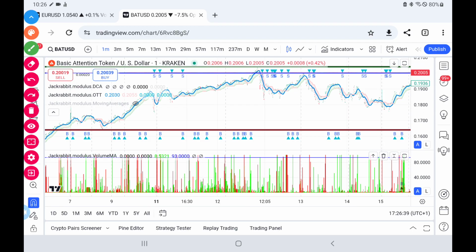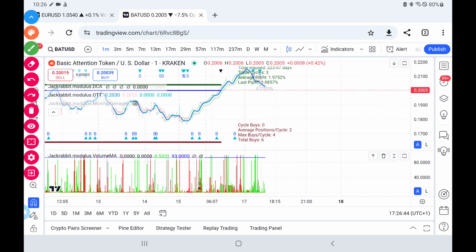Bat. What a nightmare coin this is. Brutal, aggressive, and with the right strategy, incredibly profitable. But again, volume is relentless. Now, what to pay attention to here is that this market took 223 days to make 3 successful trades.